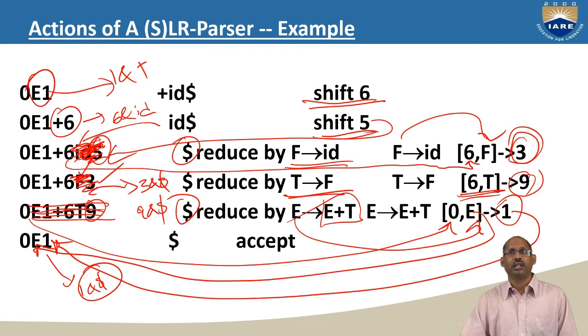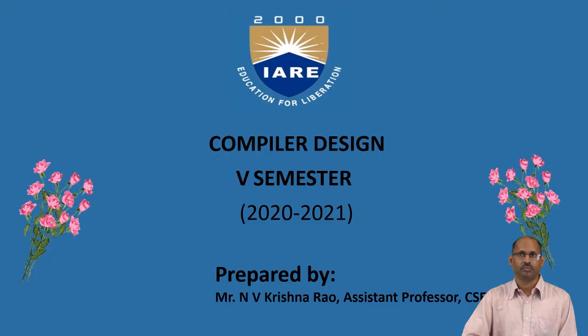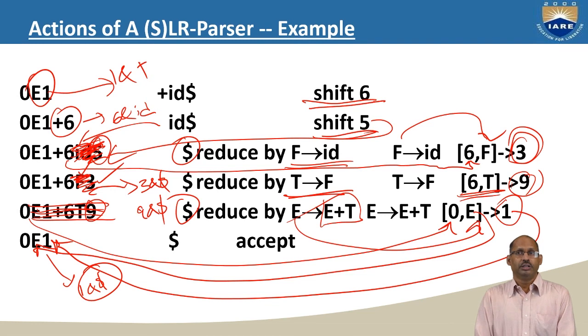This is the SLR parsing method. It is one of the bottom-up parsing methods. In the next class, we'll see the construction of the SLR parsing table. Today we discussed how to perform SLR parsing.